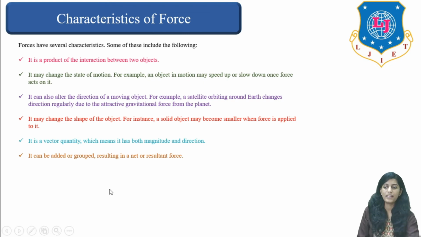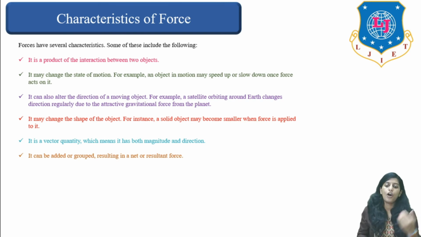The second point is, as you can see here, it may change the state of motion. That means if the object is at rest, due to force, the object may start to run, right? If it is at rest, it may go to an unsteady state, or dynamic state of motion.